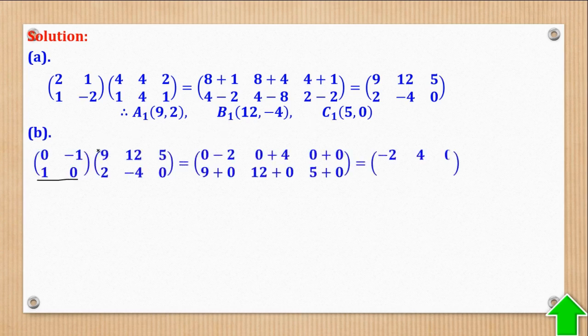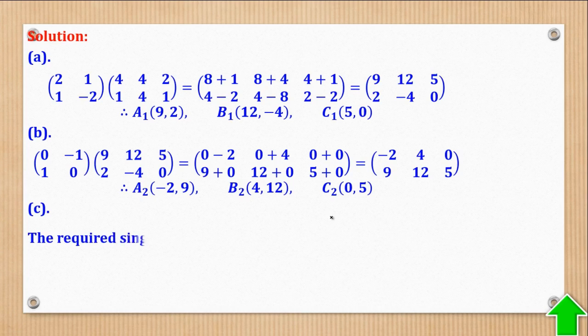So you are going to put here A1, B1, C1, so that you can get A2, B2, C2. When I multiply still row by column, I'll come up with this, this, and this for row 1. Then this by column, you come up with this, this, and this for row 2. So in the end, the images A2, B2, and C2 are those.